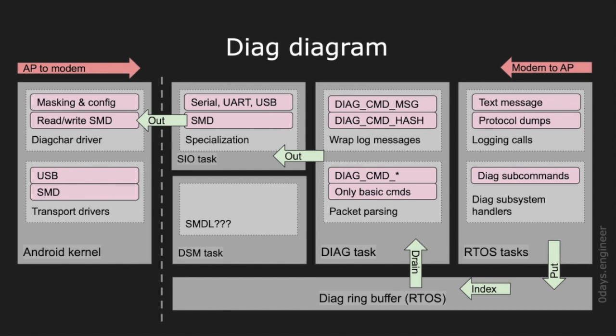First you will need to craft the Diag protocol data, send it through the Diag driver, that will write to the shared memory interface. From there it will go to the specialized task in the baseband, and eventually end up in the Diag task and potentially in other responsible tasks.